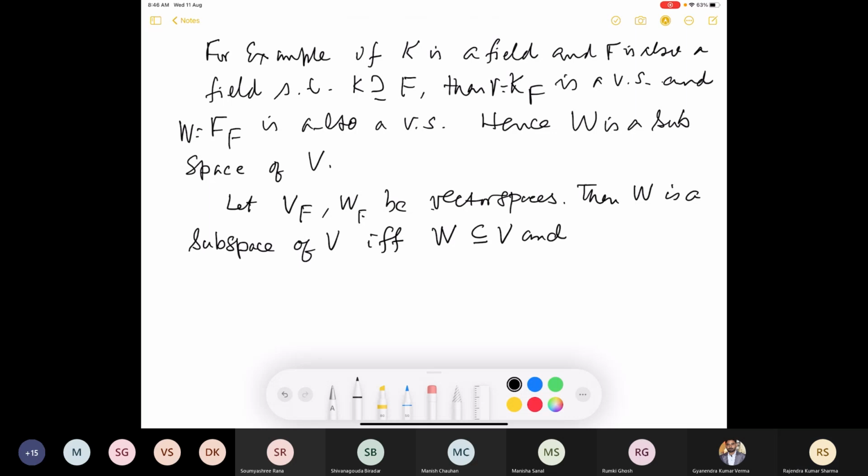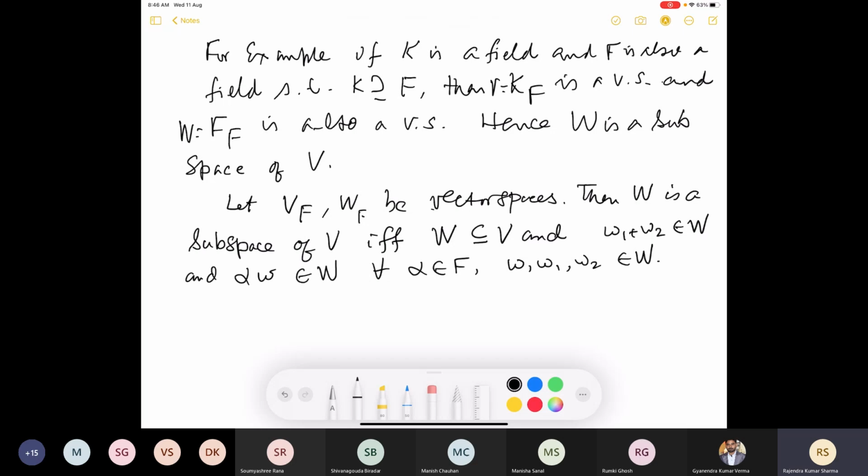and we can see that W is closed with respect to addition and is closed with respect to scalar multiplication. W1 plus W2 is an element of W, and alpha W is an element of W for every alpha in F and W, W1, W2 in W. If and only if means both sides we have to prove.